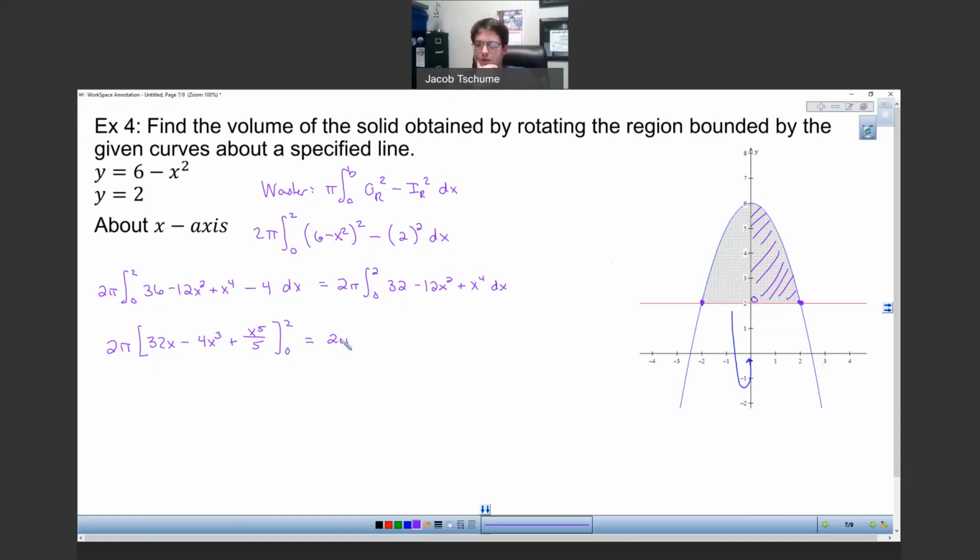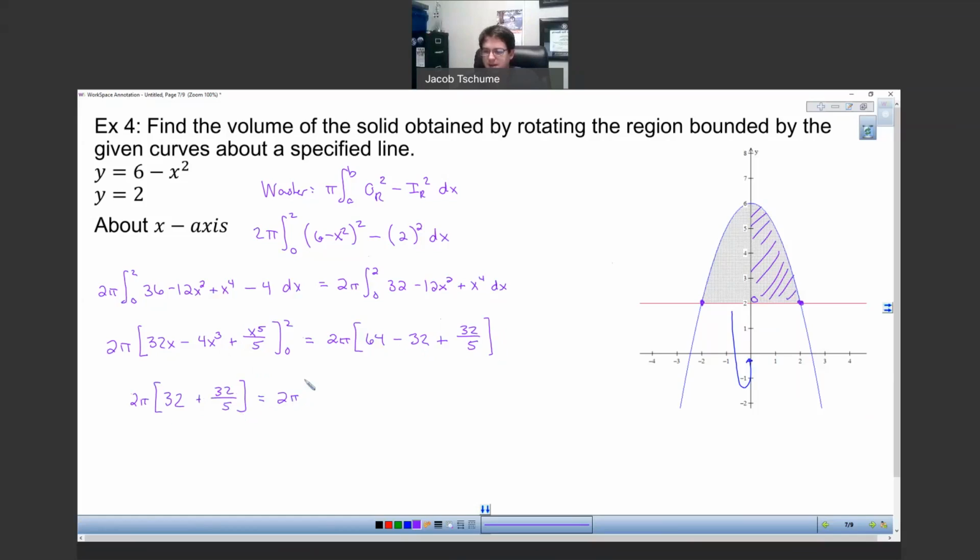If you plug your parameter of 2 in, let's see, 32 times 2 is 64. 2 cubed is 8, and 8 times 4 is 32, plus 32 over 5. And I'm not even going to worry about plugging the 0 in, because you're not going to subtract anything off. So don't worry about it, but you can if you want to. So this would be 2 pi times 64 minus 32 is 32. And we're going to add 32 fifths to that.